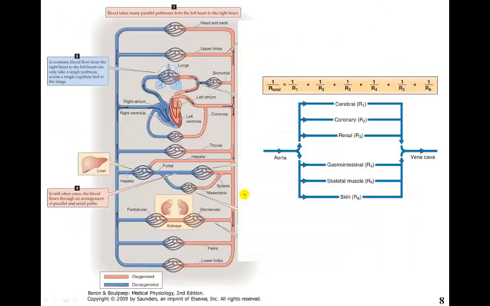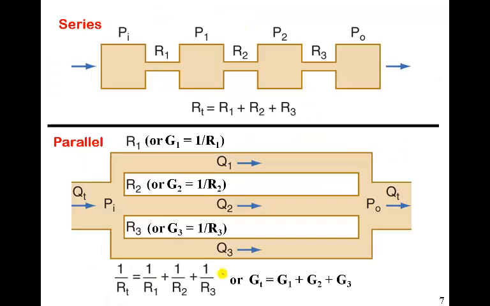Sorry, let me go back here. We may be able to predict the factors that determine the resistance of one vessel somewhere in here, but it's not obvious how changing the resistance of one vessel will change the total resistance of the system, and that's what ultimately determines TPR. So we're going to want to talk about both.